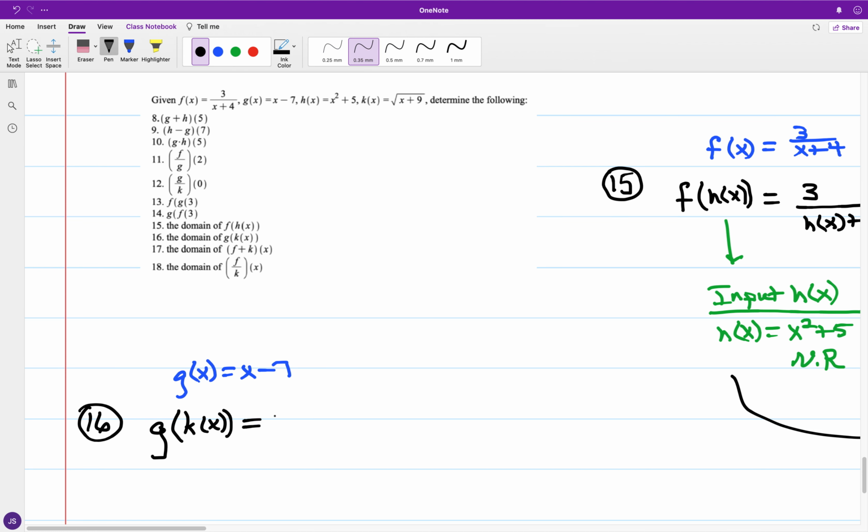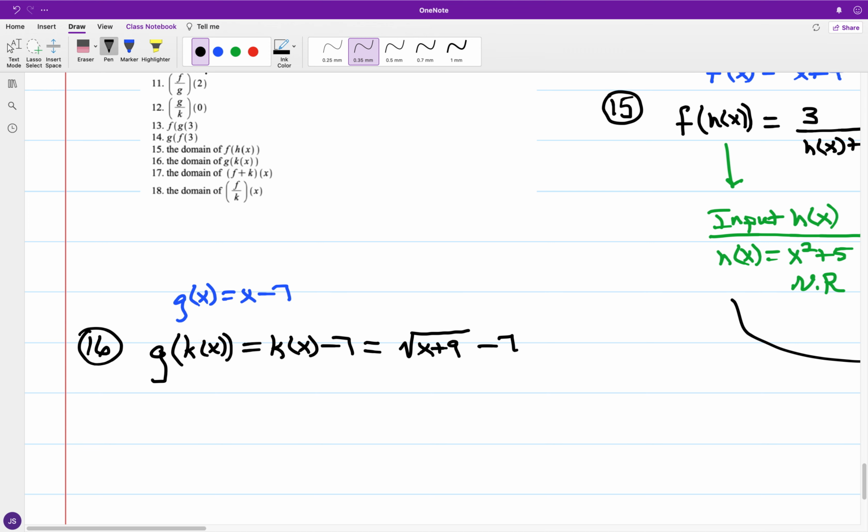So g of k of x is k of x minus 7. And filling in k of x, we have the square root of x plus 9, followed by the subtraction of 7. So that will be your final output.